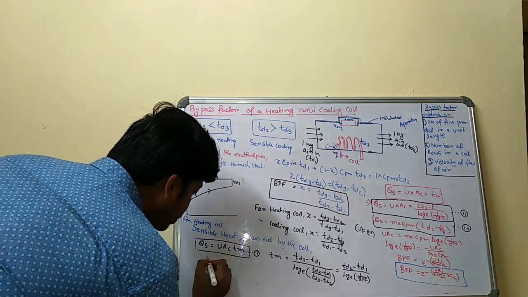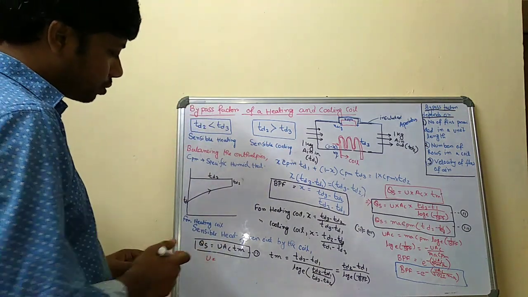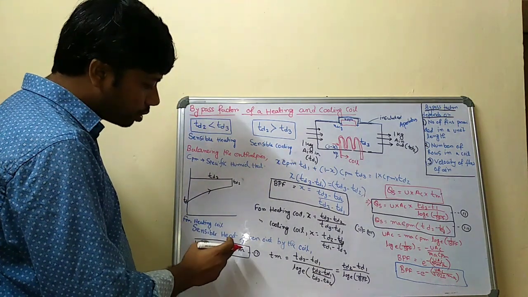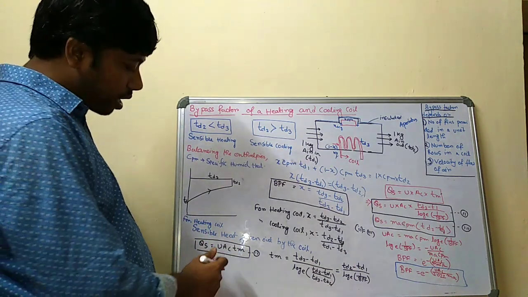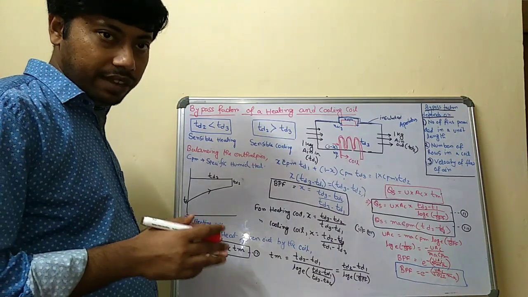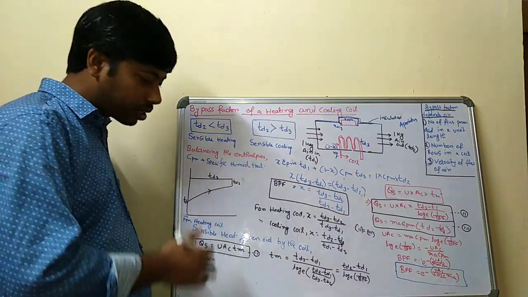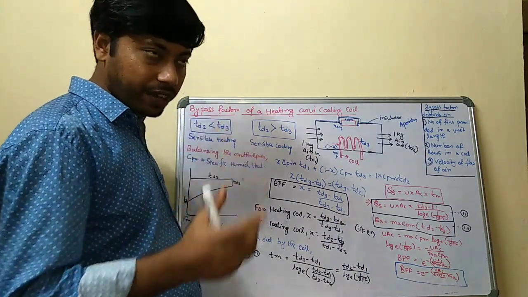U is the overall heat transfer coefficient, AC is the surface area of the coil, and Tm is the logarithmic mean temperature difference.